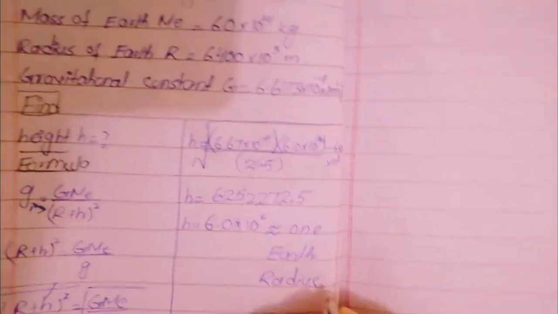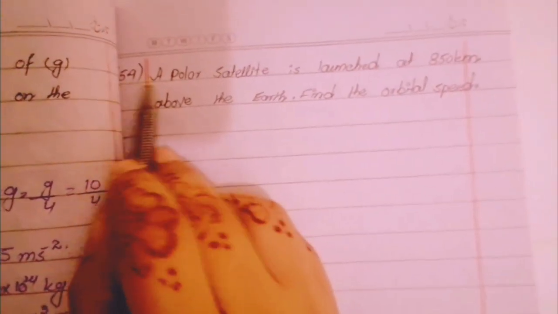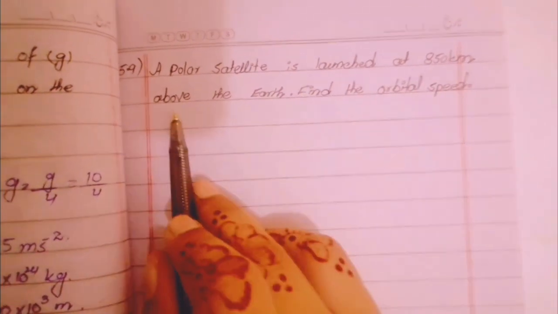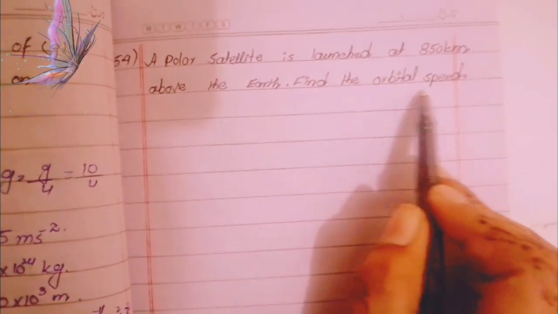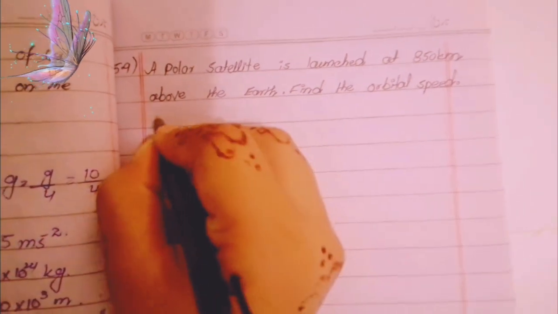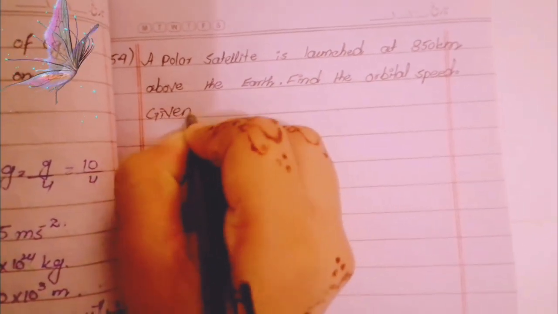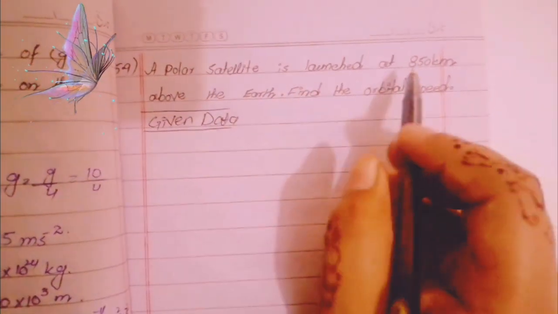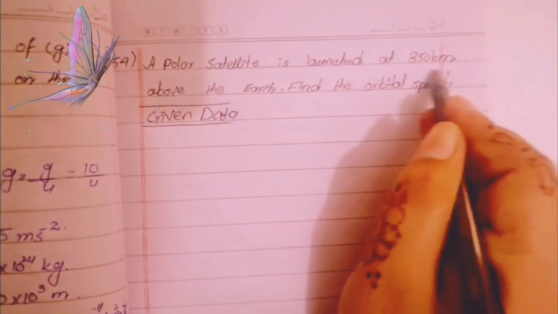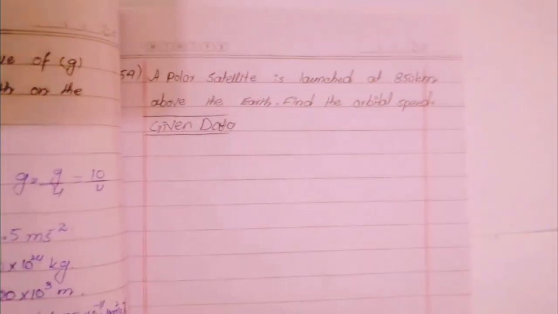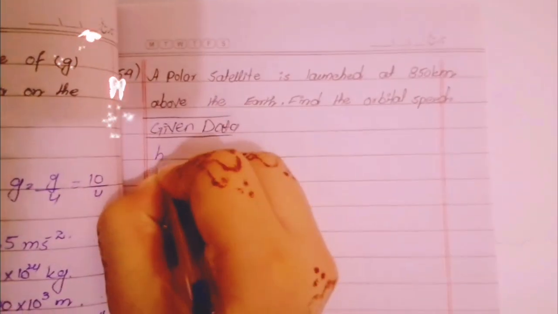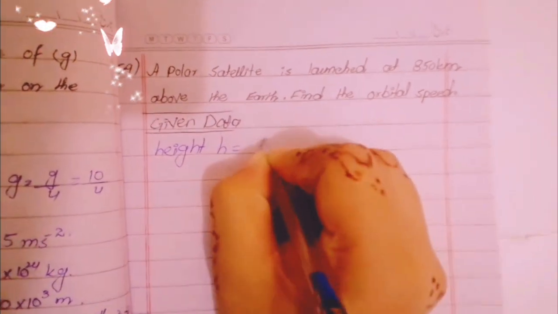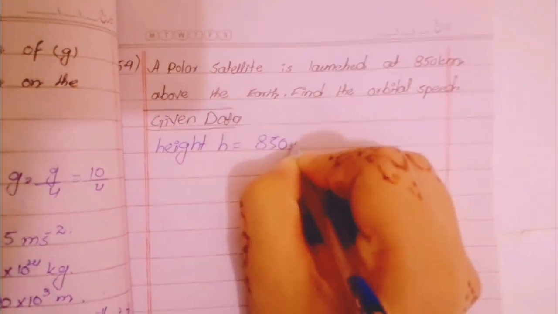Numerical 5.9. A polar satellite is launched at 850 km above the Earth. Find the orbital speed. Given data: the height of the satellite is given, that is 850 km.